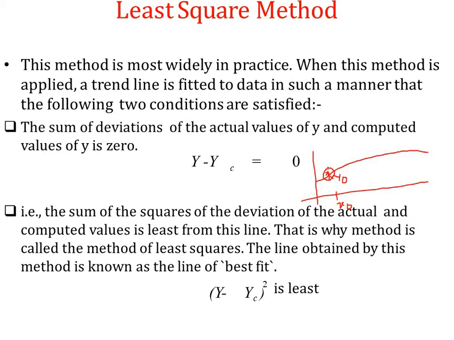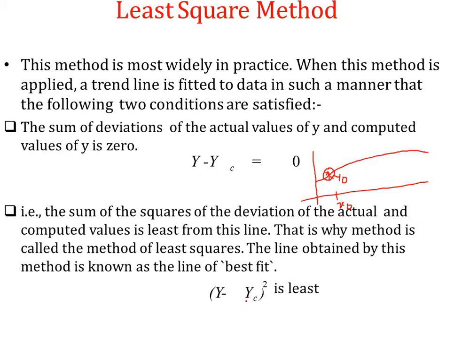That residual may be positive or negative, because the actual value may lie above the curve or below it. So the least square method says the sum of y minus yc, where y means the actual value and yc means the computed value, must be 0. And if I take the square of y minus yc, meaning the square of the residual, it will always be positive.